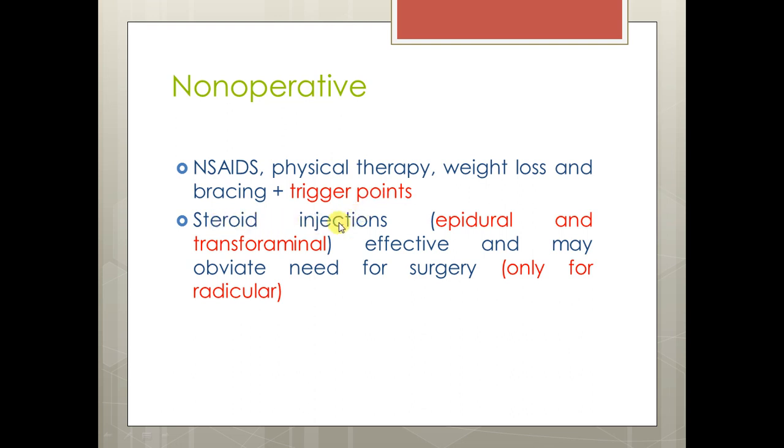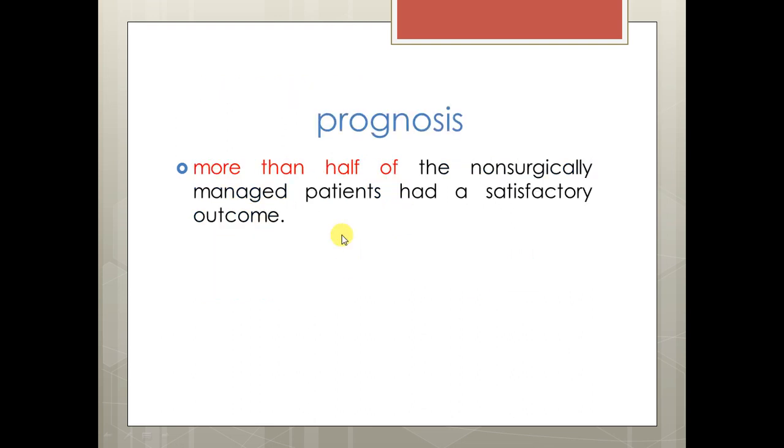Steroid injection is helpful. Please, steroid injection is mainly for radicular pain, not for back pain. So if you have a radicular manifestation in this patient, you can help him. If he is resistant to medication, you can help him with epidural.